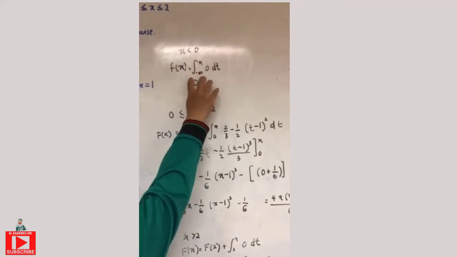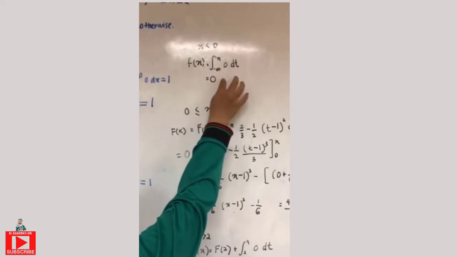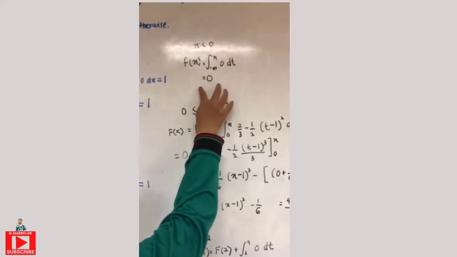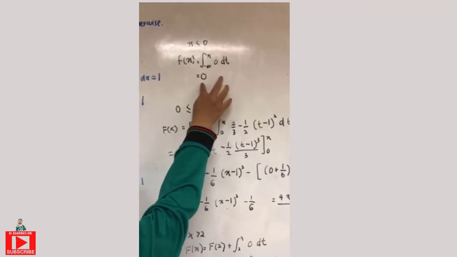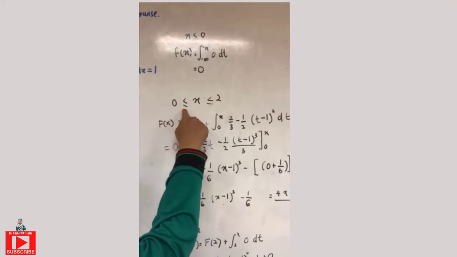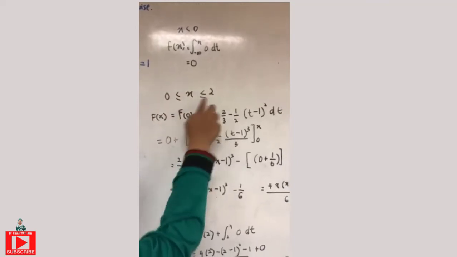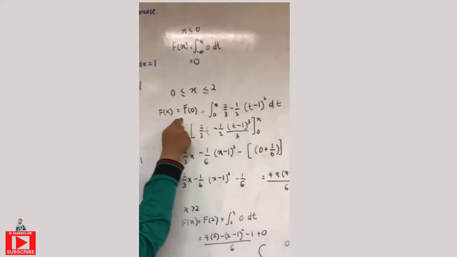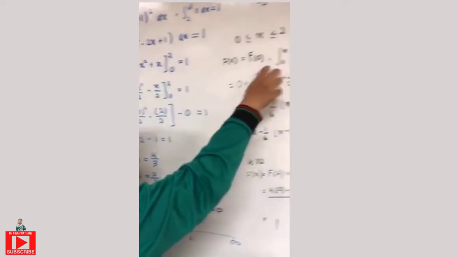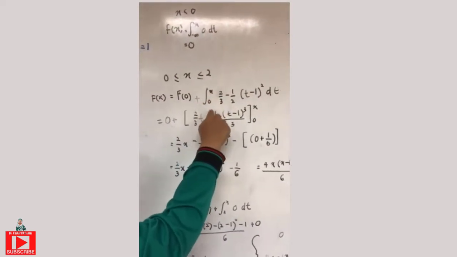Masuk dalam formula negative infinite to x 0 dt, so dapat 0. So then find 0 less than x less than 2. Masuk dalam function 0 plus 0 to x.